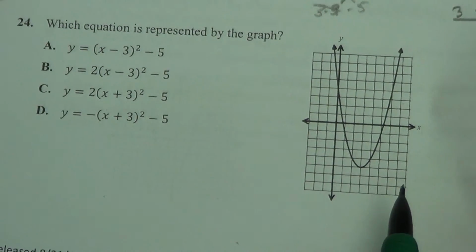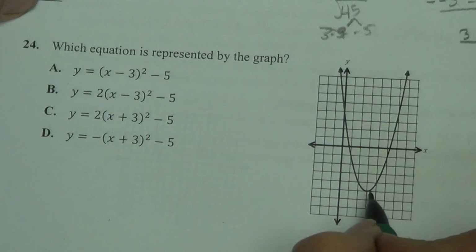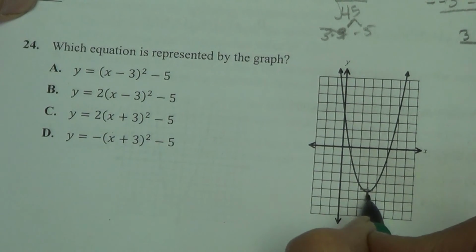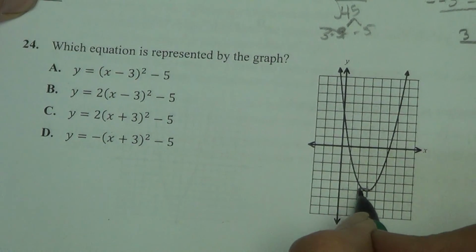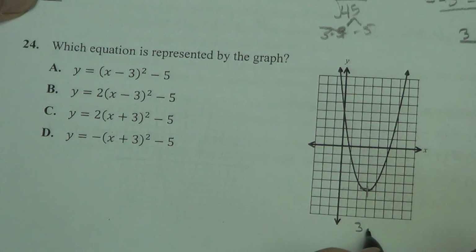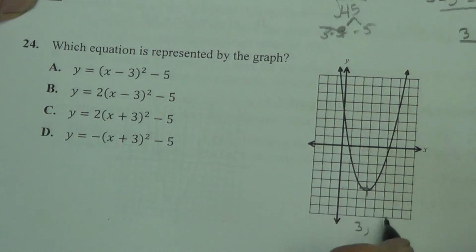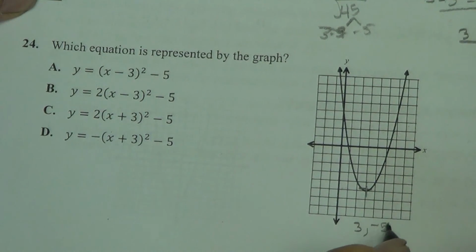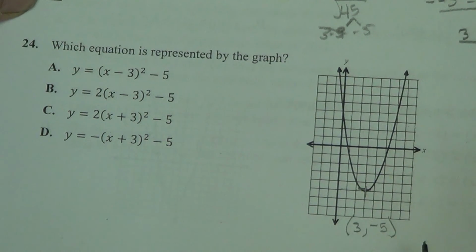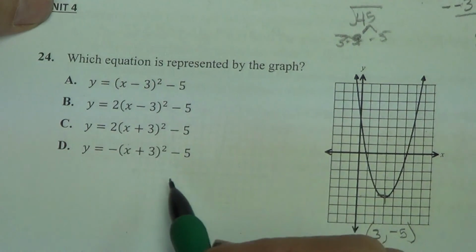Okay, unit 4. It says which equation is represented by the graph? What's our vertex? Our vertex is 1, 2, 3, negative 1, 2, 3, 4, 5. This is vertex form.